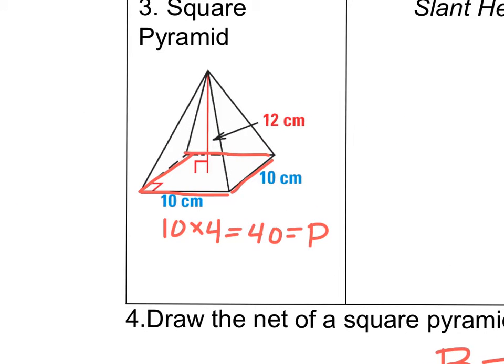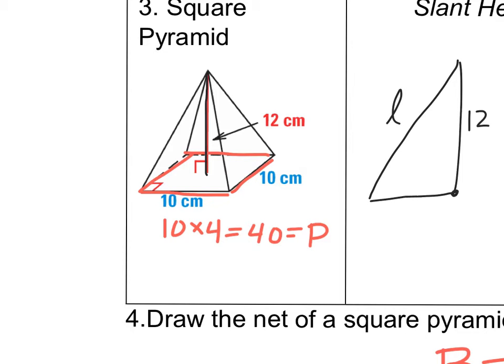Anytime you have a pyramid and you're missing your slant height, just build a triangle by going to the middle. That's big H, which they listed here as 12. Slant height here. And now if this was the middle and this is the edge right here, here's your triangle. You might think this is 10, but this is actually going to the middle. So if it goes to the middle, it's going to be half of your side length.